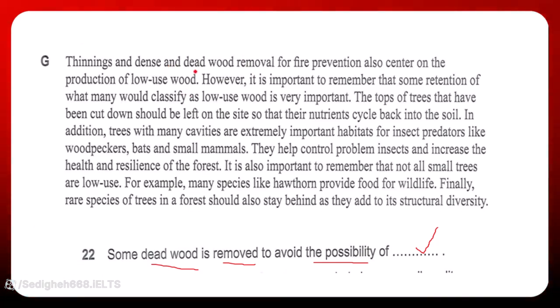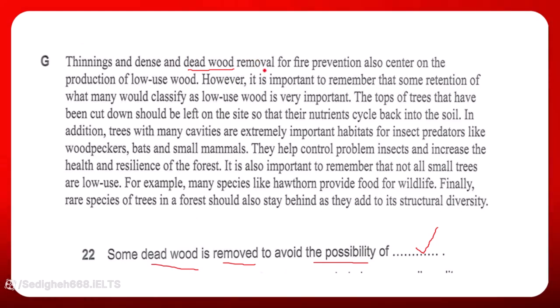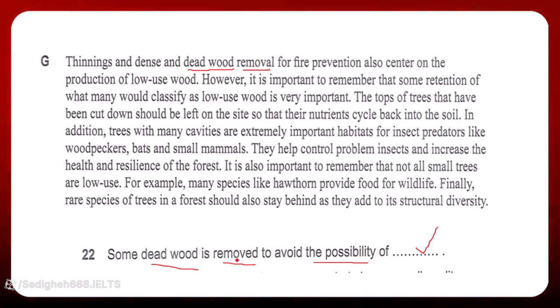We can find dead wood here, and removal is a noun here, but in the question it is removed, used as a verb. For fire prevention, so fire prevention is to avoid the possibility of fire. So the right answer here is fire.